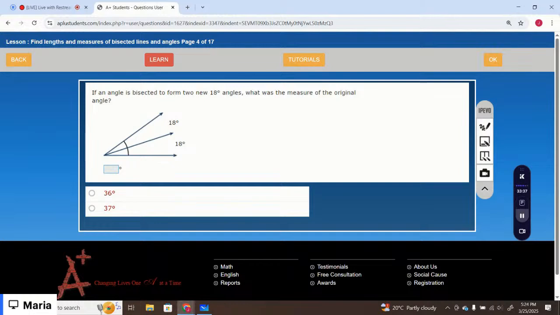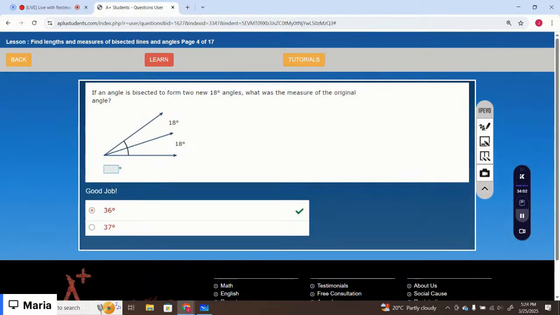So the original angle is the sum of both the angles. That is 36 degrees. Option number 1 is the correct option.